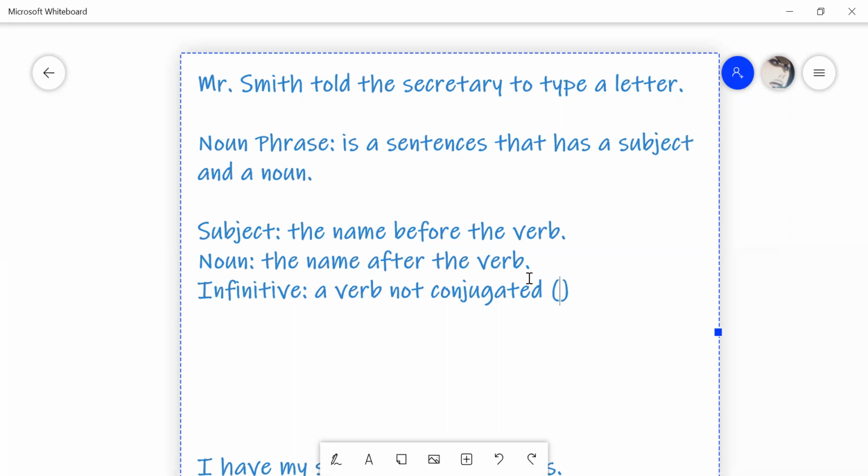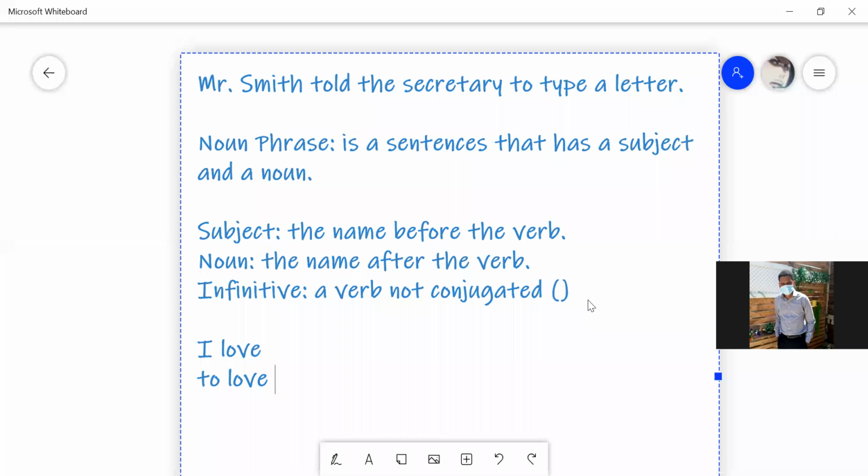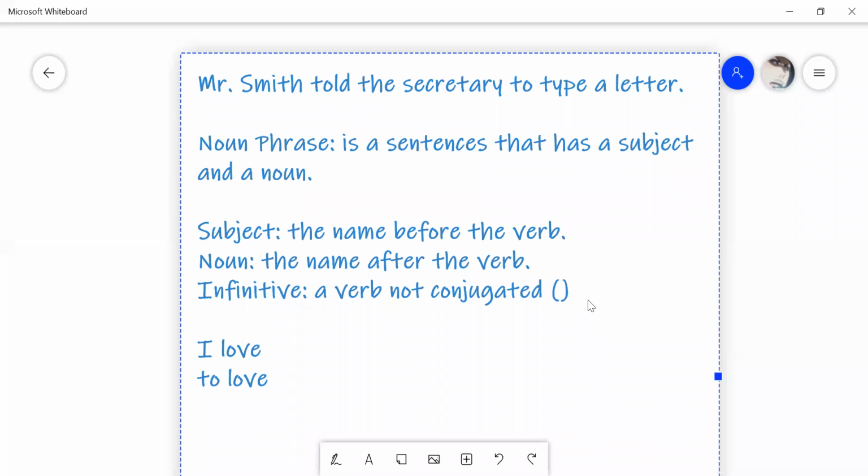For example, if I say I love and I say to love, which one is the infinitive? The second one, because it has the particle to.